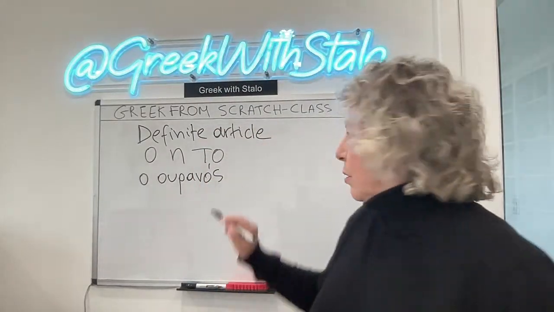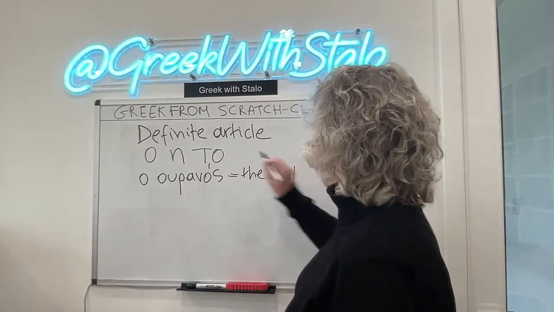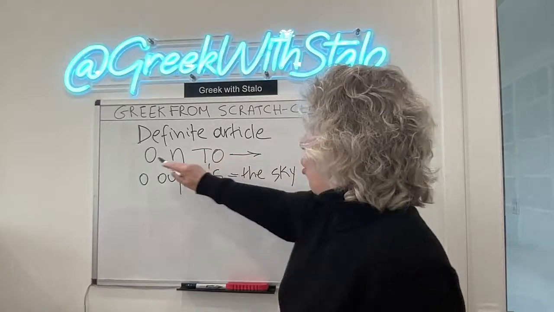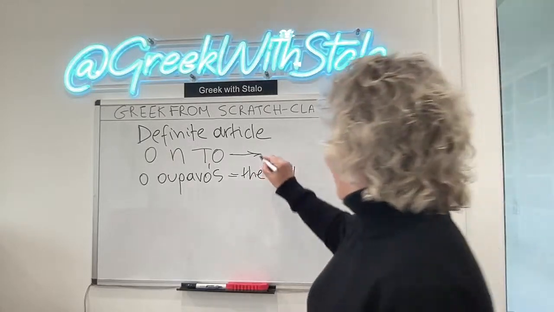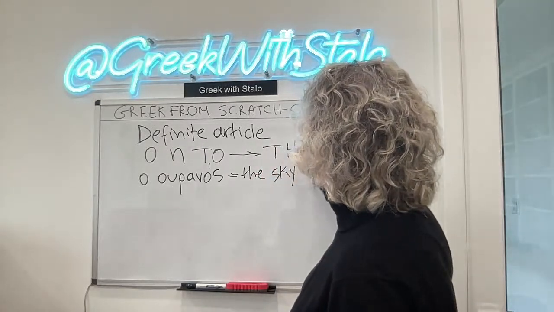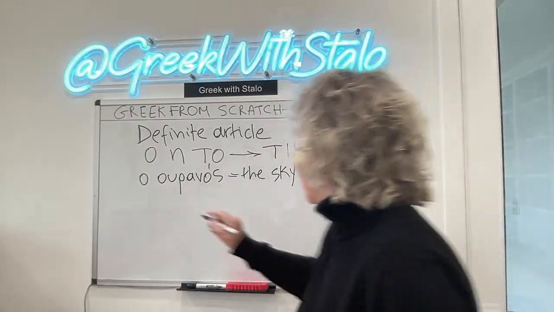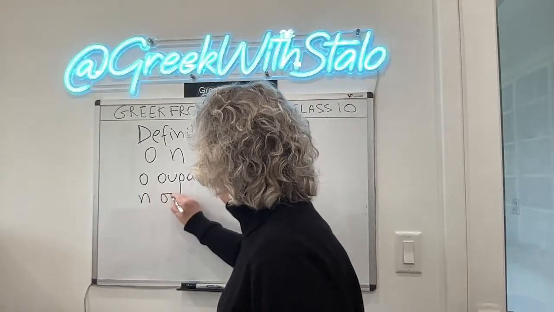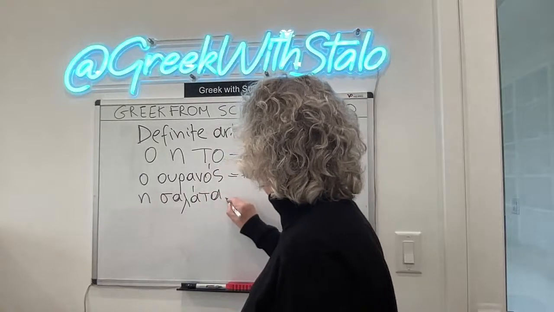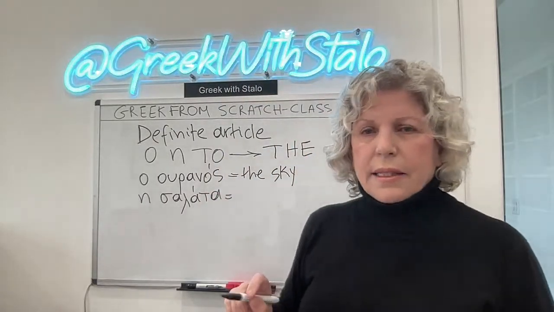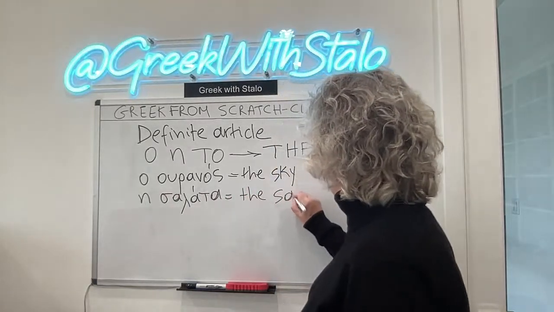Ο ουρανός, the sky. So, o y to in English is translated as the. So, ο ουρανός, the sky. Η σαλάτα, feminine, the salad.